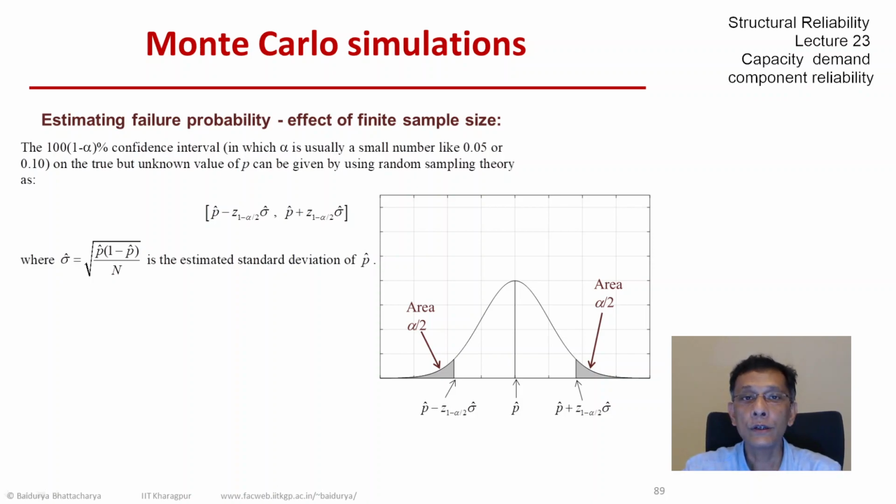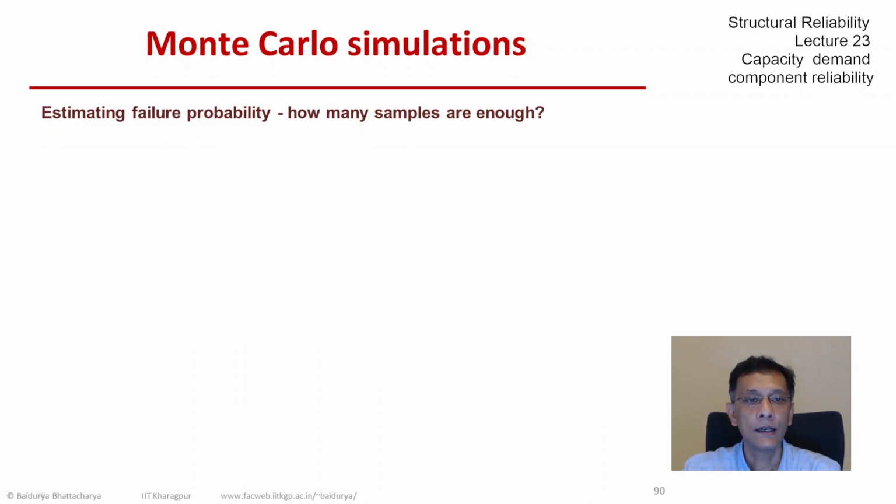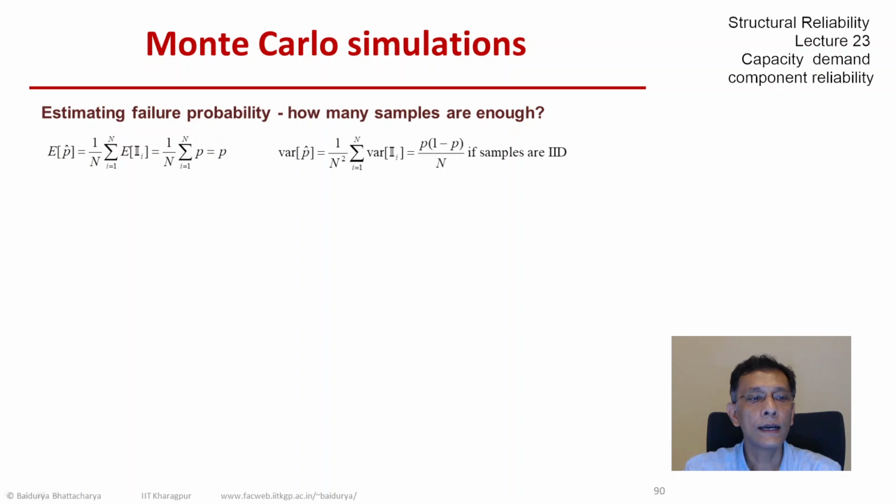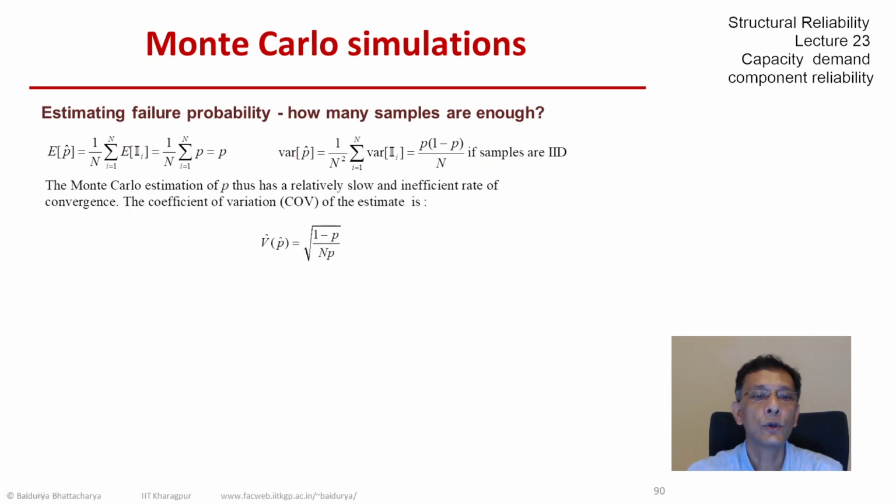So continuing with this thought, how many samples would be enough then for a desired accuracy? We know that the mean of p hat is p and the variance of p hat is pq over n, provided the samples are IID, of course.